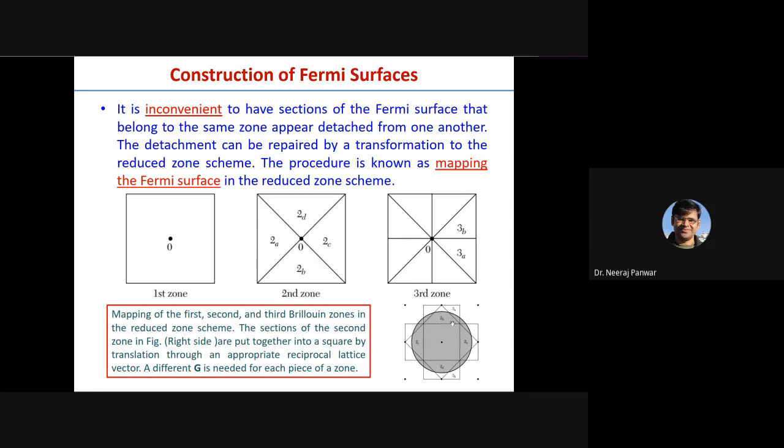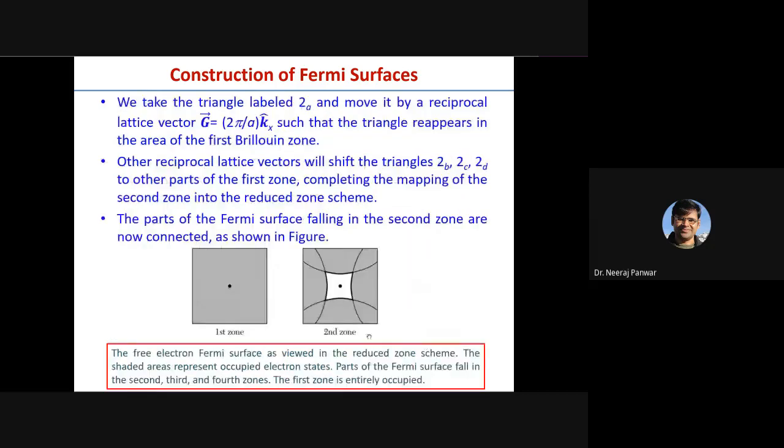So look at this picture. The first Brillouin zone is completely covered by this Fermi circle that is represented by this shaded region, the shaded circle. You can see this circle completely encloses the first Brillouin zone. So this is what is shown here.